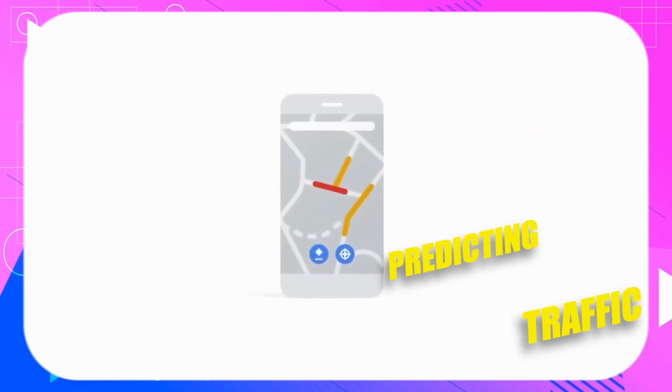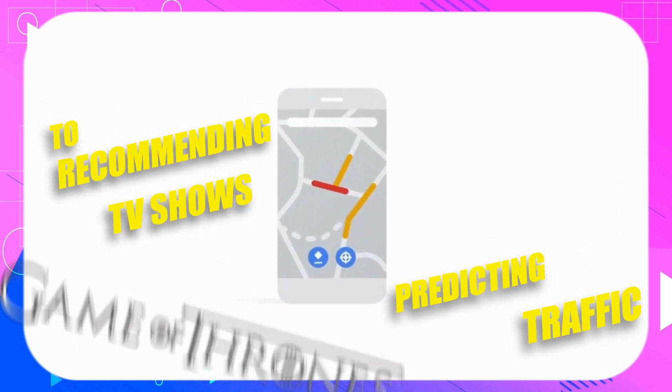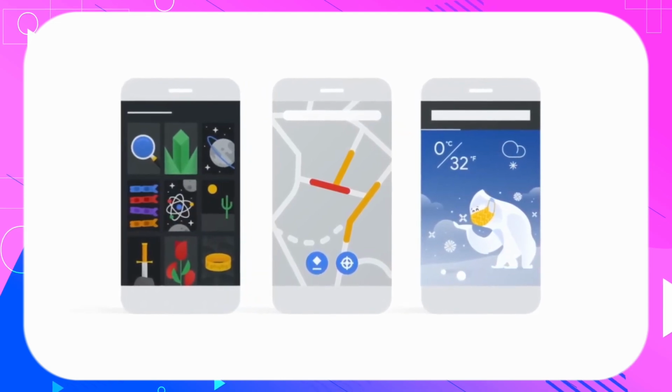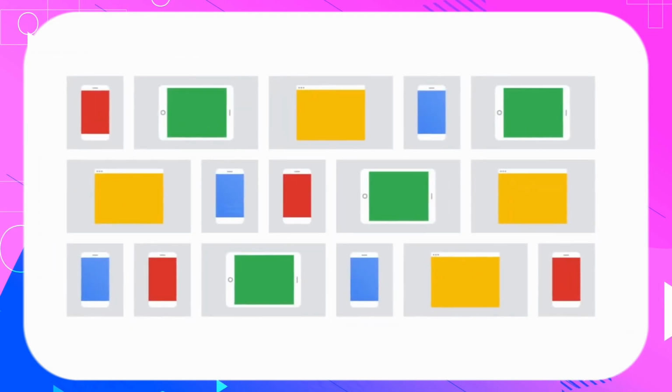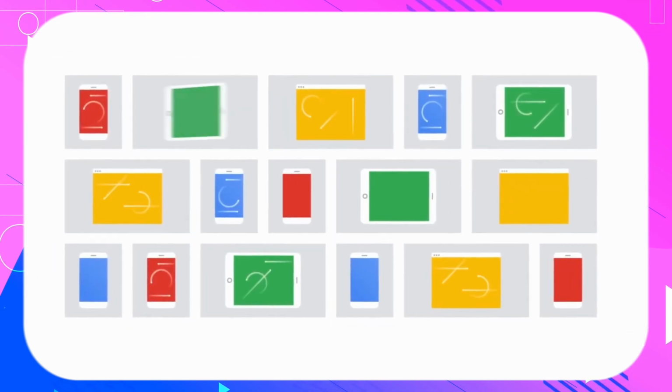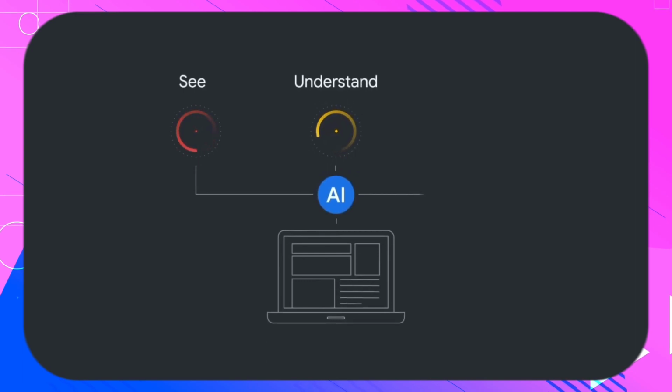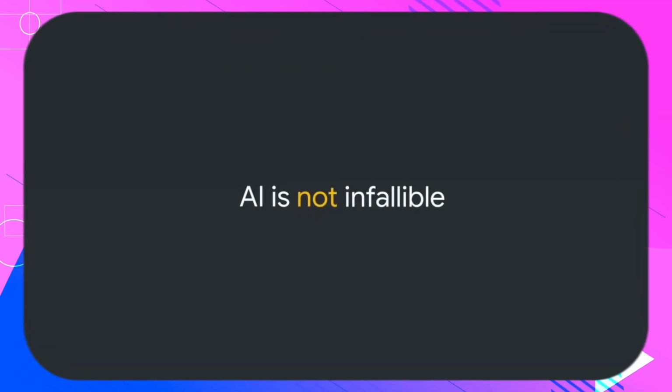It touches on our daily interactions with AI, from predicting traffic to recommending TV shows. As AI becomes more common, other non-AI technologies might start feeling a bit outdated. The video emphasizes how AI systems are advancing rapidly, doing things we couldn't have imagined just a decade ago. However, despite these advancements, AI isn't perfect.